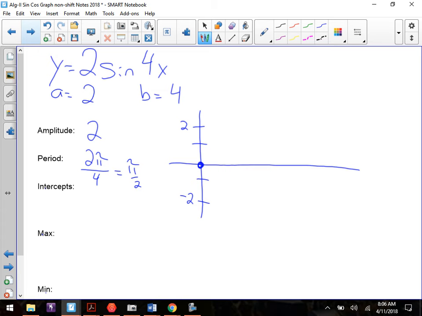So I know that my amplitude is no longer 1, it is 2. I know that sine starts at 0 and it ends at its period. So what do I put out there for its period endpoint? Pi over 2. So what we do is we plot this out here at pi over 2. What's half of pi over 2? Pi over 4, good. What's half of a fourth? An eighth. Now watch what happens.